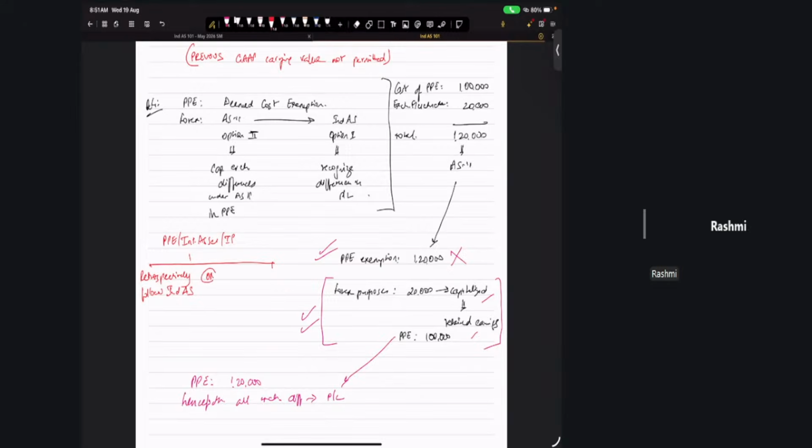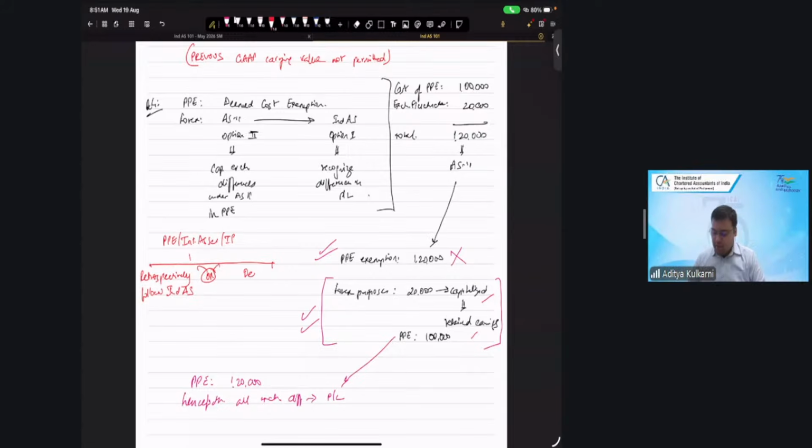Or there is a deemed cost. Deemed cost. Yes or no? Yes, sir.